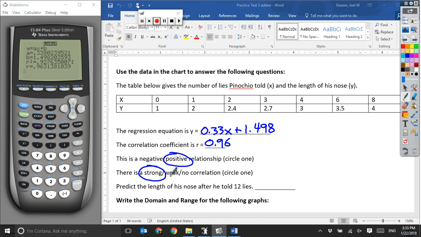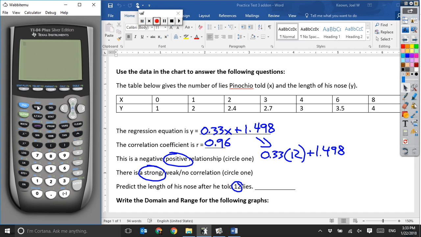Predict the length of his nose after he told 12 lies. So since this is my equation, I'm going to say, okay, well, what if I substitute 12 in for x? So 0.33 times 12 plus 1.498. To do this on my calculator, I'll hit second, quit.